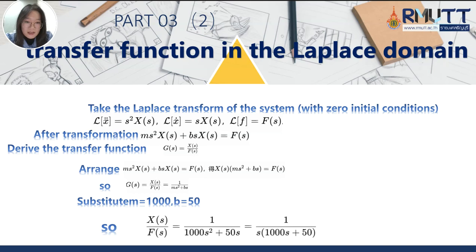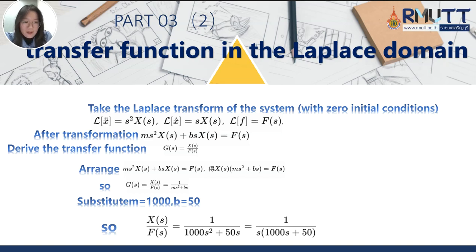After substitution, we can get 1 s squared plus 0.1 s plus 5s X s is F s. Then we rearrange this equation, separating the ratio of X s to F s.